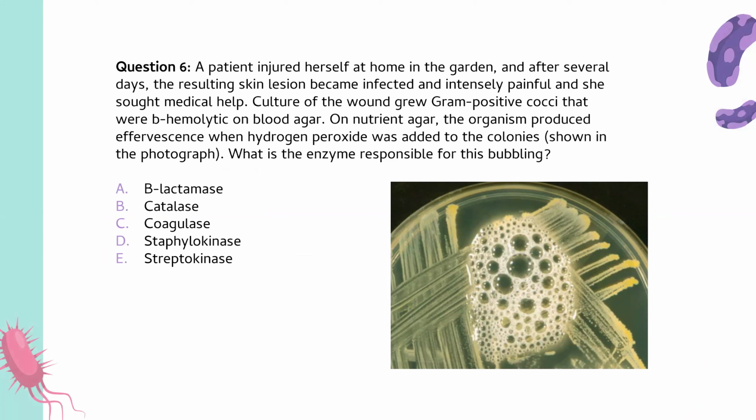B. Okay. B. Yes. You don't even need to read the whole scenario, right? You see this bubbling type of appearance, which I told you guys is the H2O2 being broken down into H2O and O2. This is the catalase test.